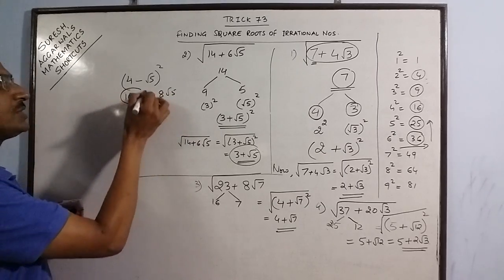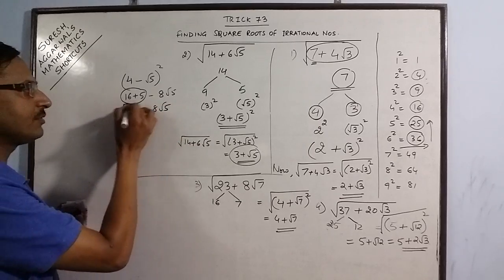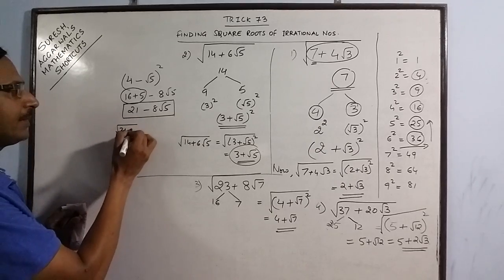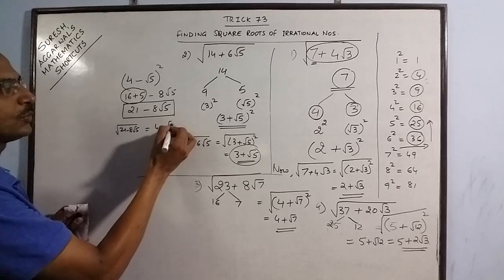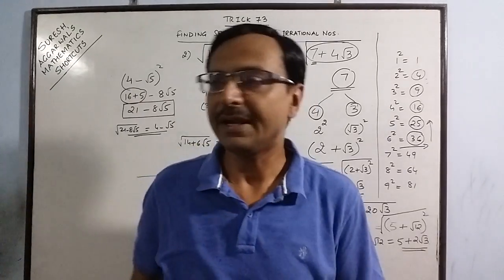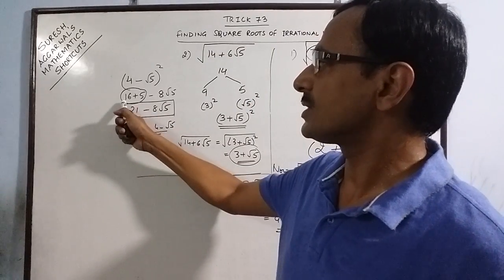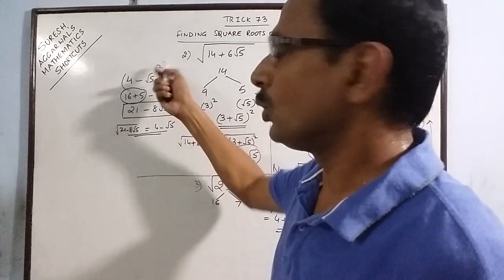So these two are positive, and 21 minus 8 root 5 will be your question which will appear in the exam. If you have to find the square root of 21 minus 8 root 5, this will again come out to be 4 minus root 5. So the method remains the same even if you have a negative sign in between. The method is the same: splitting 21 into 16 and 5 and then writing it in the form of a whole square.